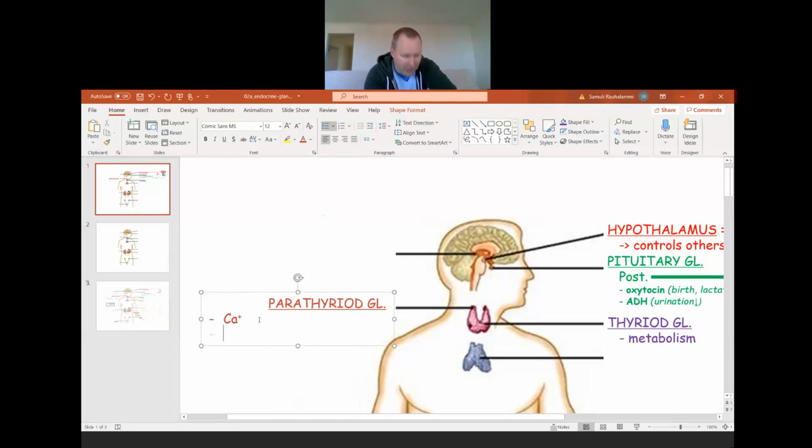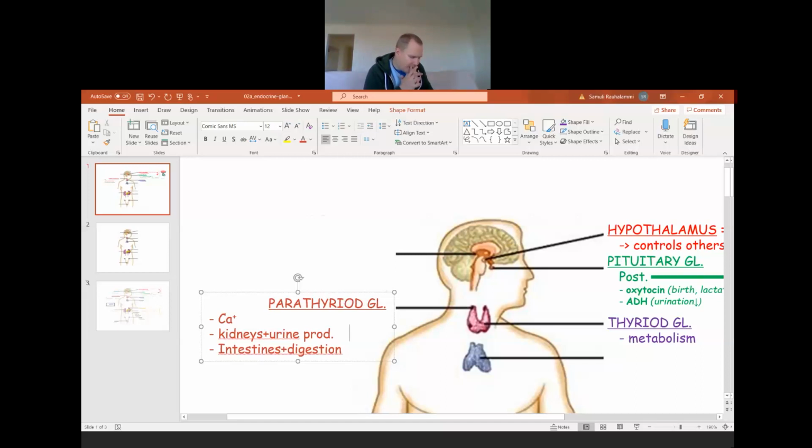Other things that we can associate with parathyroid: regulation of the kidneys and urine production. So it plays an important role there, and also in regulating the intestines, and through intestines, of course, also the regulation of digestion.